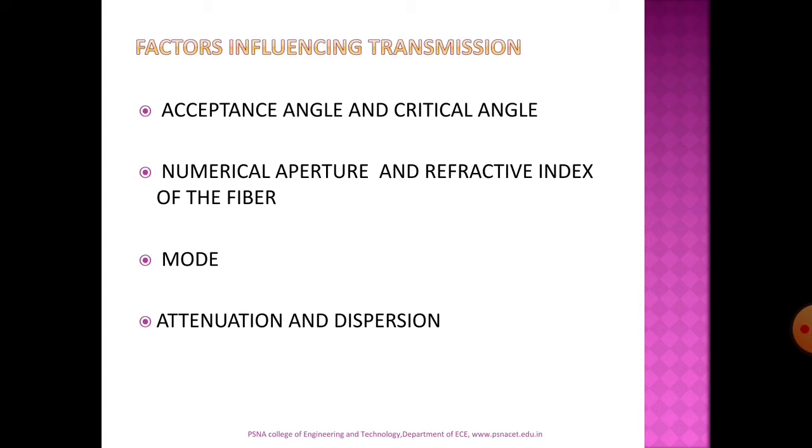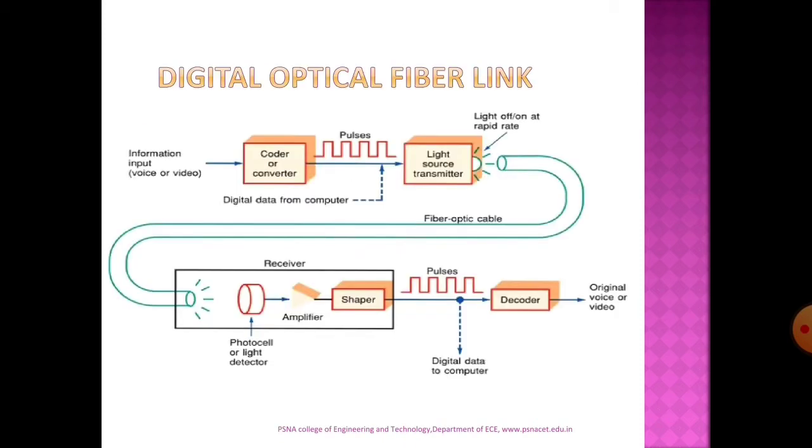The third important factor is the mode characteristics of the fiber. A mode is nothing but the light ray which is transmitted over the fiber. The last one is that the signal should be transmitted without any attenuation or dispersion. It has to be finely tuned so that the signal will be transmitted properly to the receiver. Let me show you a digital optic fiber link.